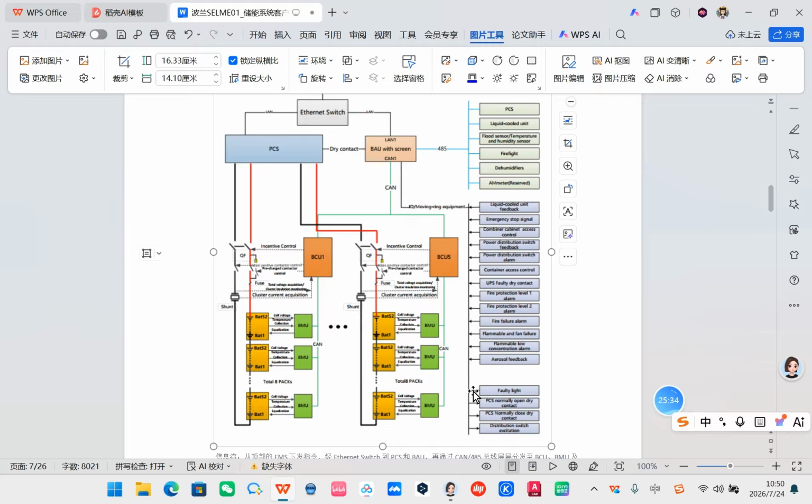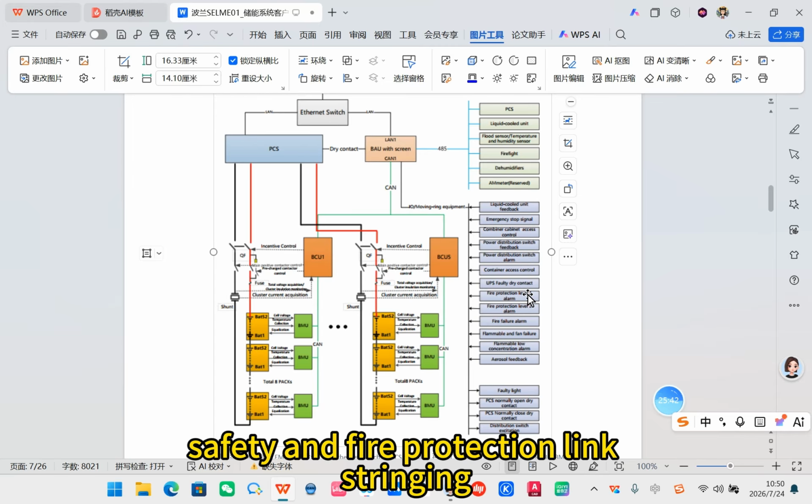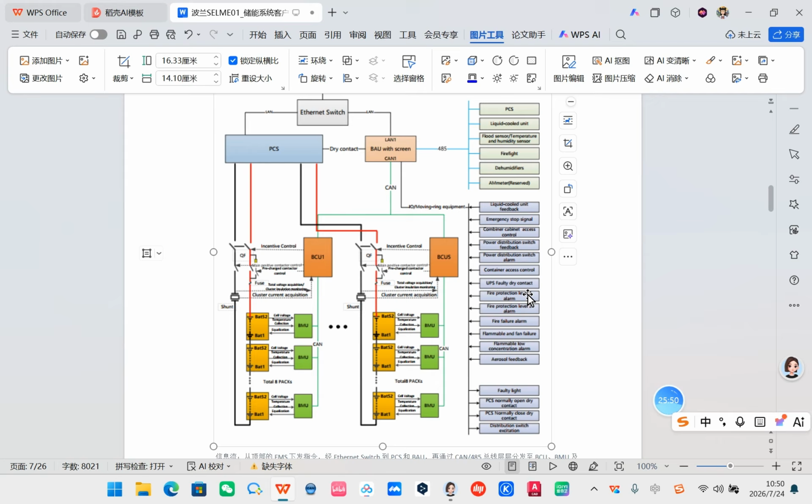The blue signal flow on the right side is the in-container safety and fire protection link, stringing together all dry contacts in 3 groups.